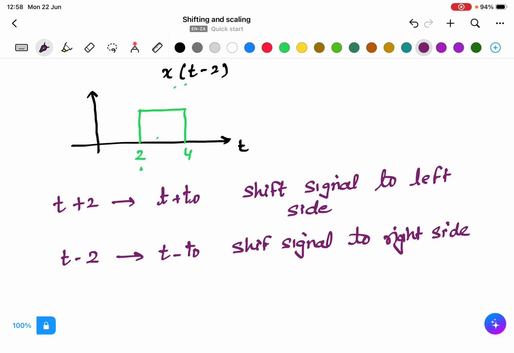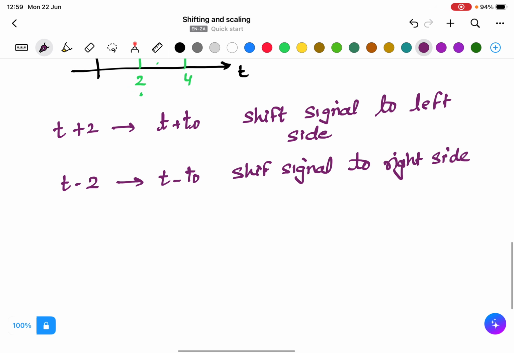Okay. In a similar way, we can take an example with respect to a discrete time domain signal. So let's say a signal is given to us, this is n. The amplitude is not going to be affected when we are shifting in the time domain.